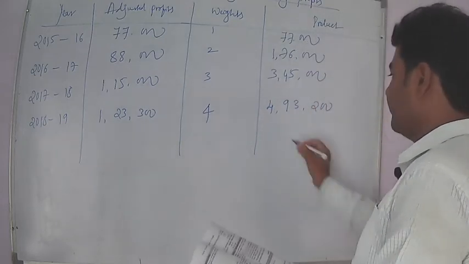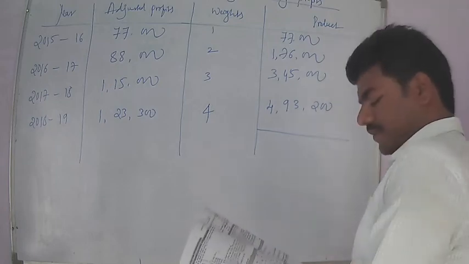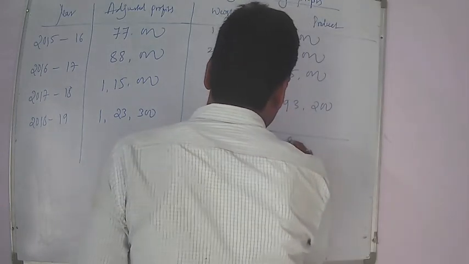Now make it total of this product. It is 10,91,200.